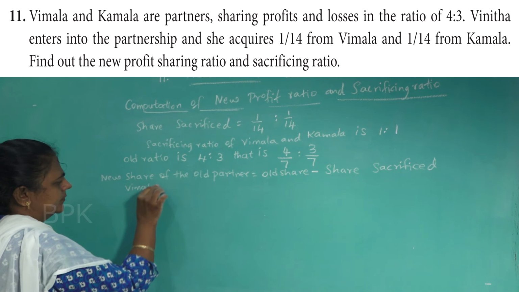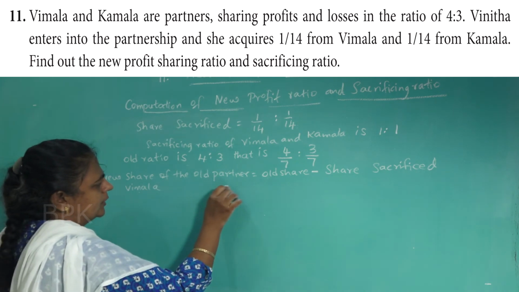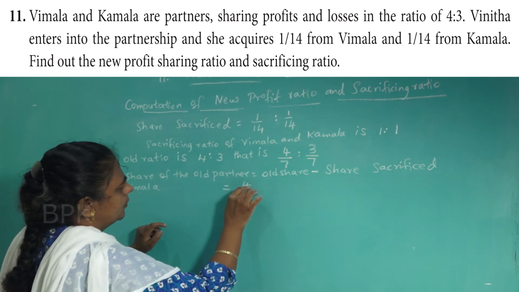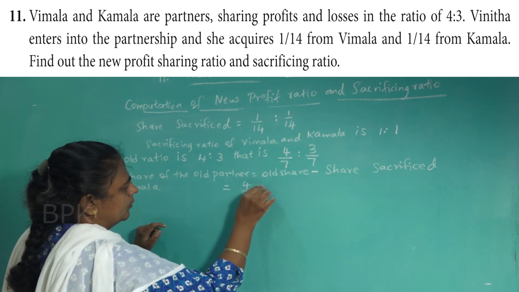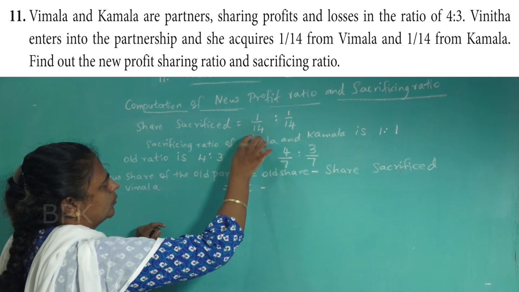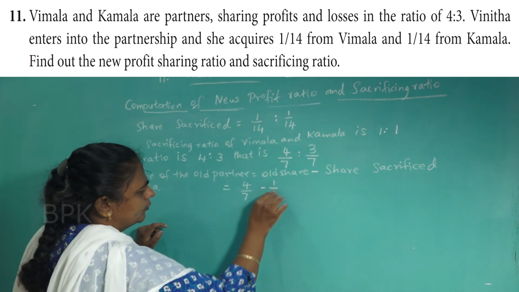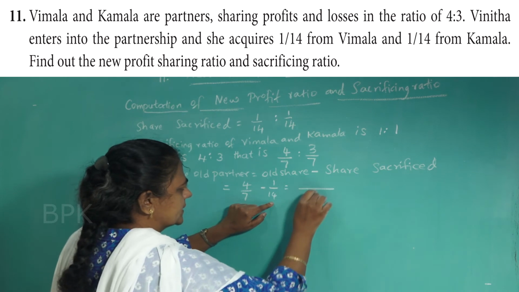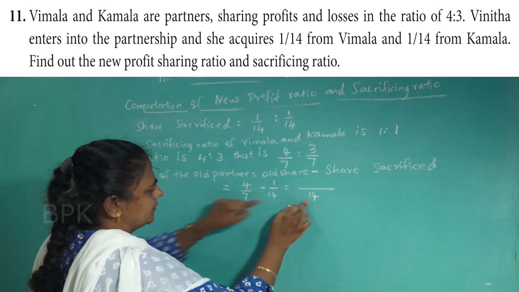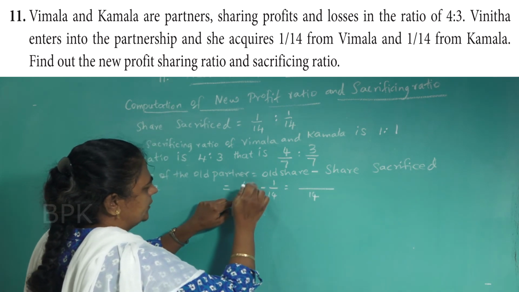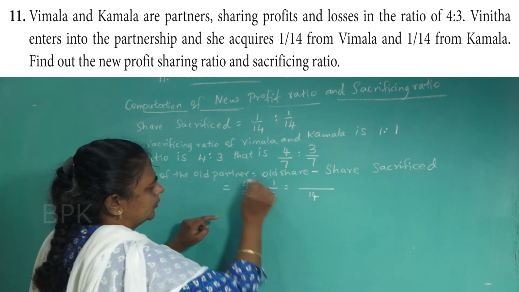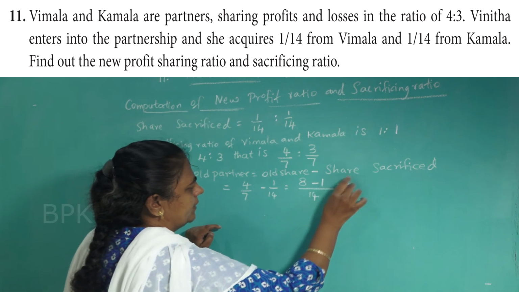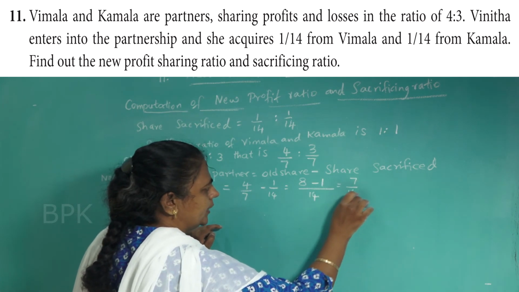What is Vimala's old share? Vimala's old share is 4 by 7. What is her share sacrificed? 1 by 14. So which denominator is greater? 14 is greater. 7, how many times will it go in 14? 2 times. So 4 into 2, you will get 8. 8 minus 1, that will give you 7 by 14.